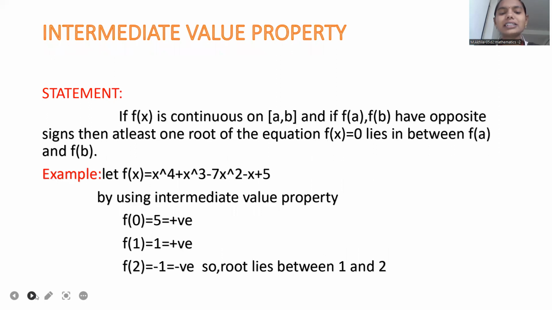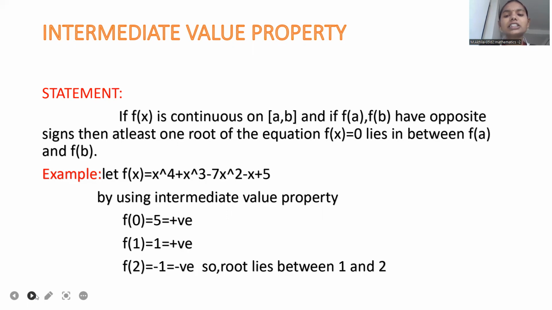In the Newton-Raphson method, we have used the intermediate value property to find where the root lies. Let us know what the intermediate value property is. The statement is: if f(x) is continuous on the closed interval [a, b], and if f(a) and f(b) have opposite signs, then at least one root of the equation f(x) = 0 lies between a and b.